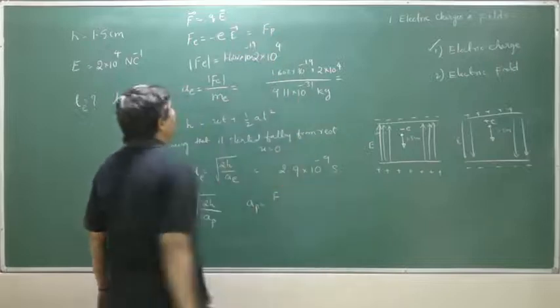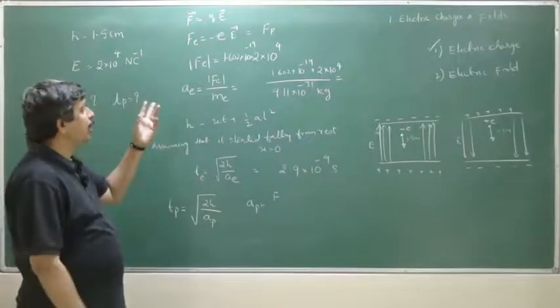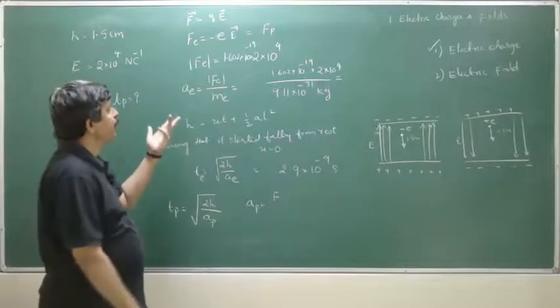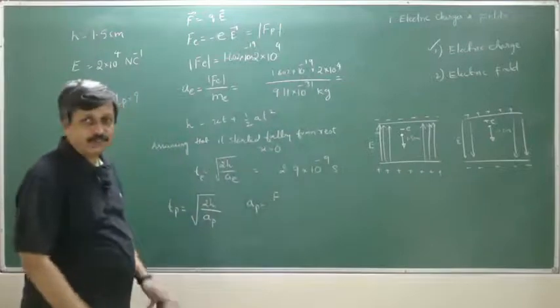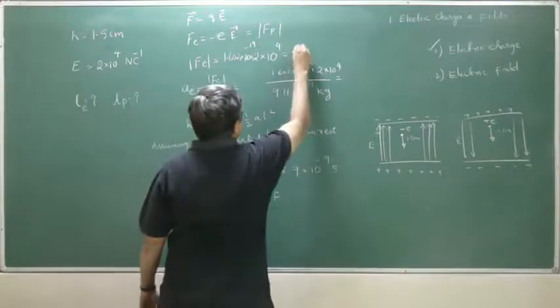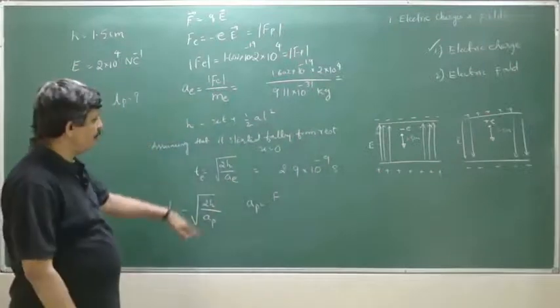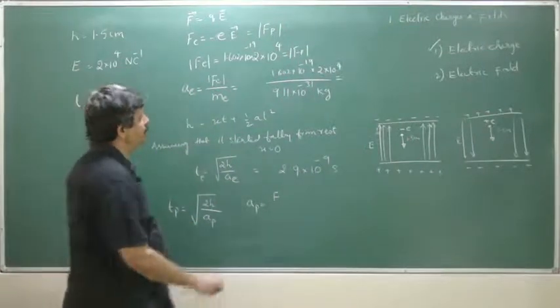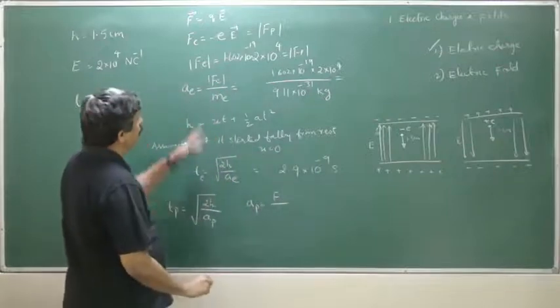Why? Because the charge on the electron and the charge on the proton are the same in magnitude. So because of that, you can write the same value here, F divided by mp.